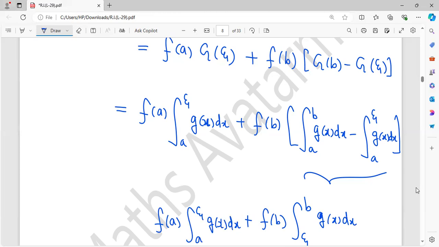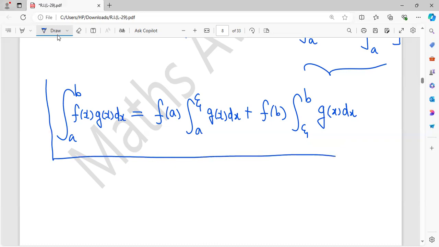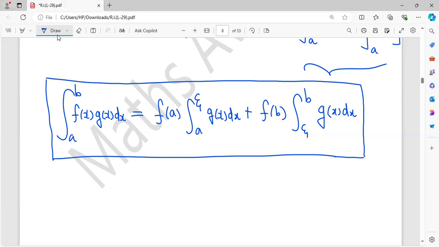So this is xi here, this is g, and this is integral a to b f x g x dx. Okay. So this is the proof.